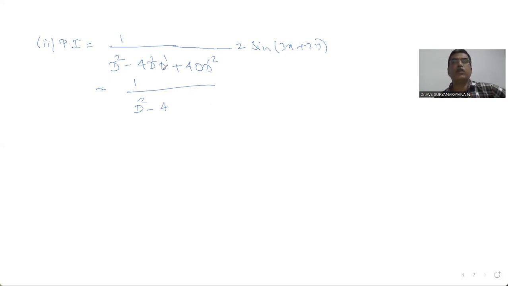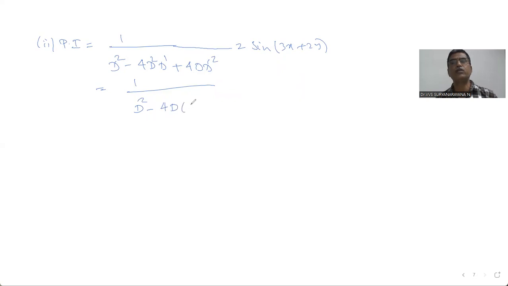After taking out D as common, we can keep D dash. Here also after taking D dash as common, we can keep D. We can do like that. Or in place here, we can replace D square with minus a square, and here D dash square with minus b square. Whatever you like, we can do anything. So D square minus 4 times.